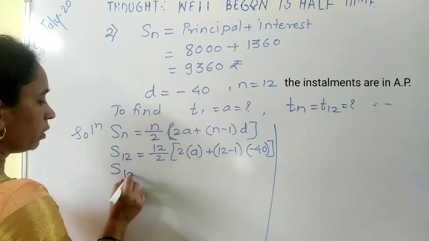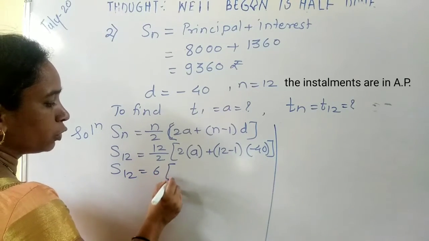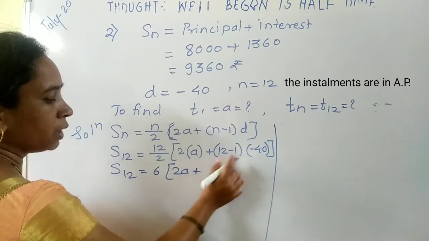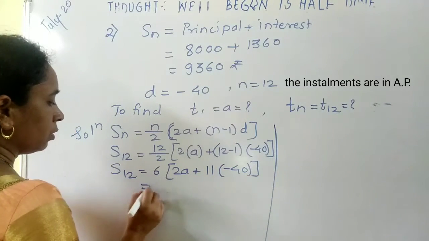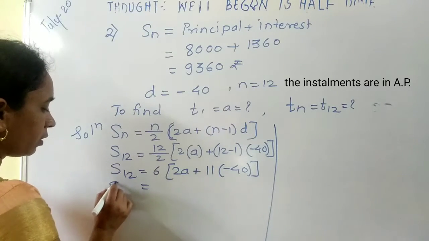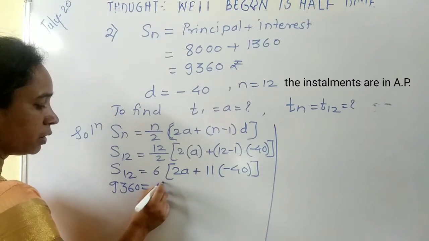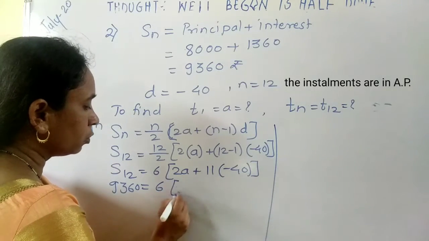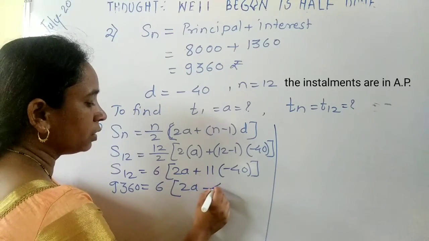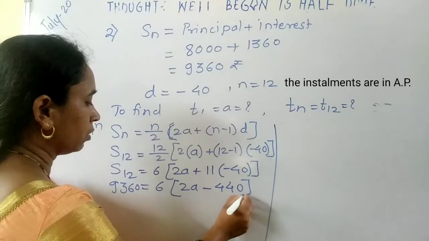So S12 is equal to 6 into 2a plus 11 into minus 40. S12's value is given, 9360, which is equal to 6 into 2a minus 440.